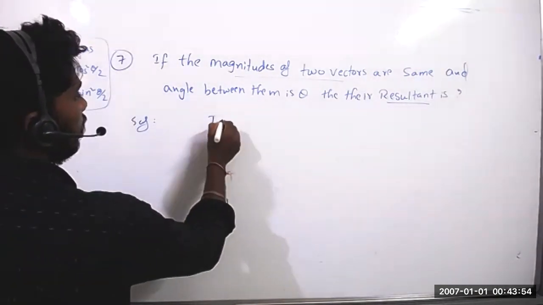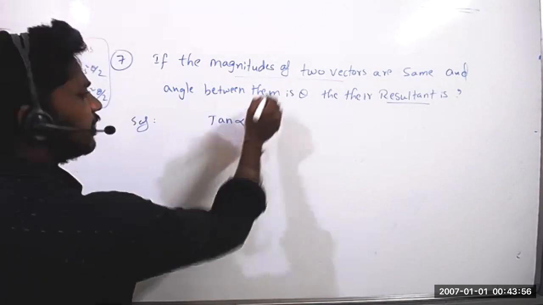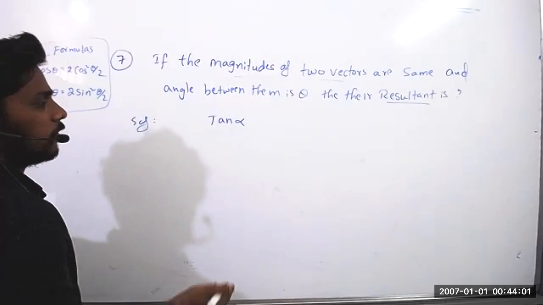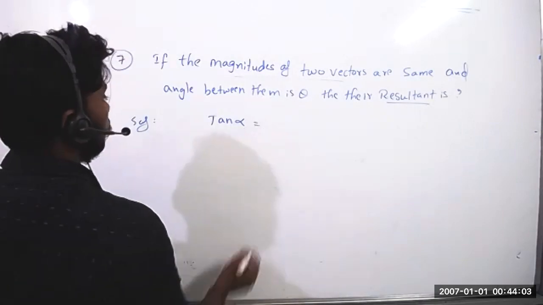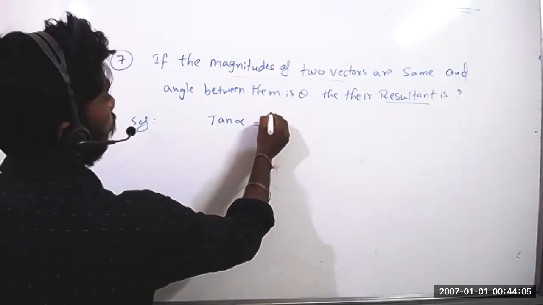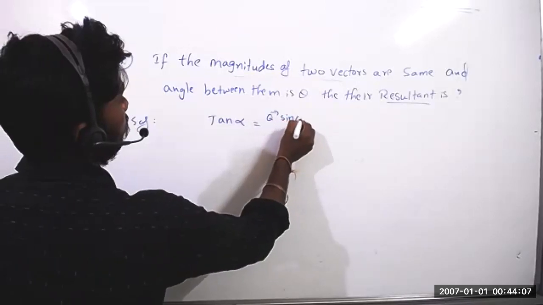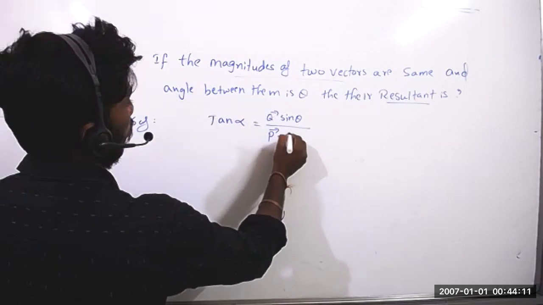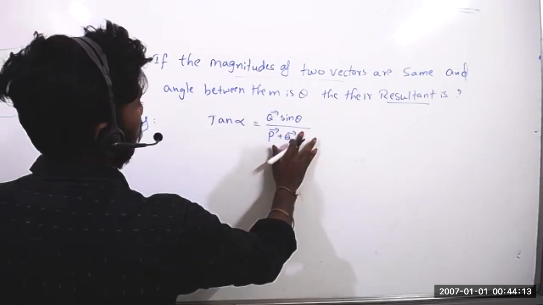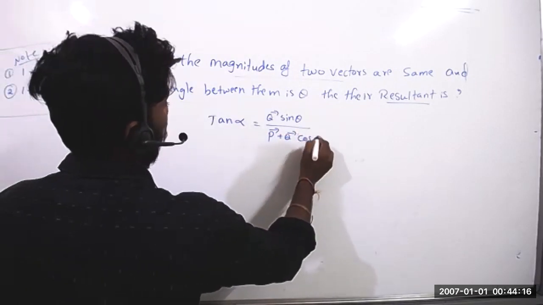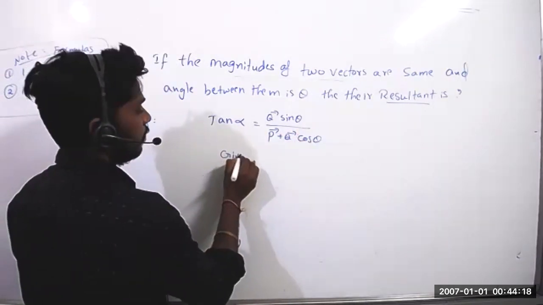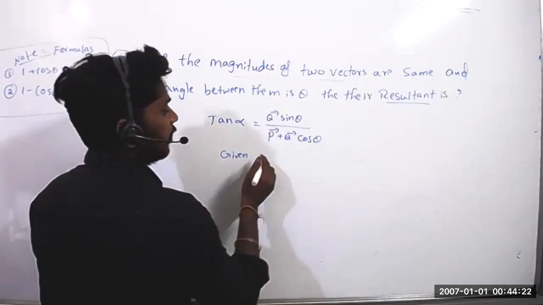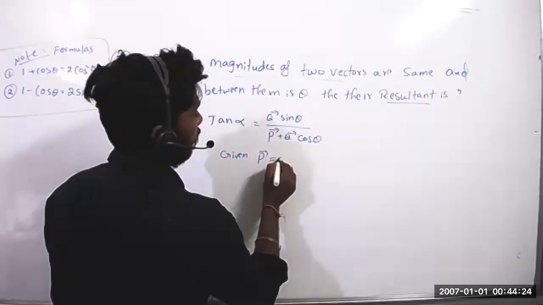For direction, we have the formula to calculate tan alpha and tan beta. If you find tan alpha, tan beta also you will get. Tan alpha equals Q bar sin theta by P bar plus Q bar cos theta. Given that P equals Q, so P bar equals Q bar.